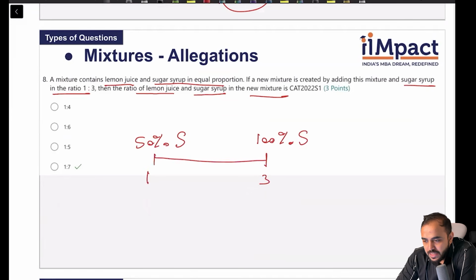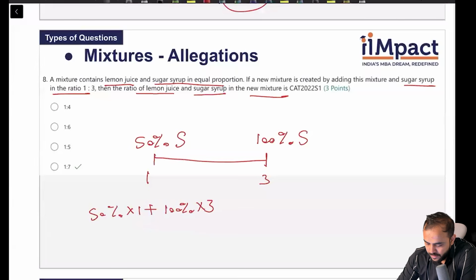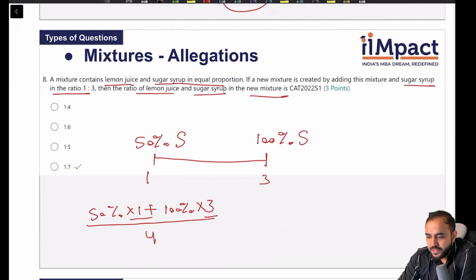Now I might feel the need to do it by allegations, but again you will arrive at the same expression. So just write it: 50% sugar into 1 plus 100% sugar into 3, divided by 1 plus 3, that is 4. Which will turn out to what? 350 by 4, right?